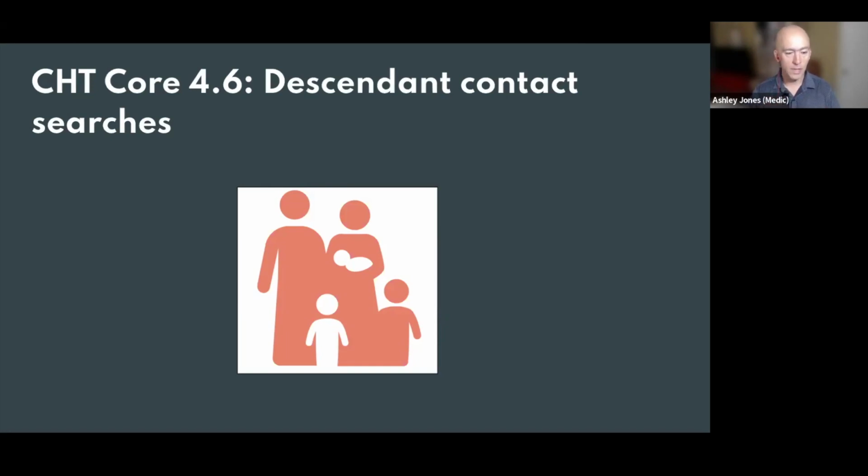For example, if you were looking at the head of a household and you wanted to find their child or another dependent in their family, instead of needing to search all the contacts in that area, you can limit the search to just the hierarchy that you're looking in. This will reduce the cognitive load on the CHW, and it also should make the search go faster by reducing the number of contacts they're looking through.